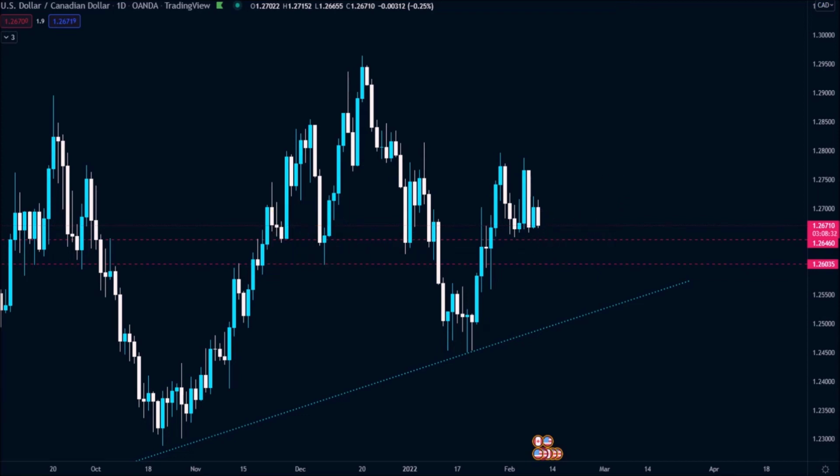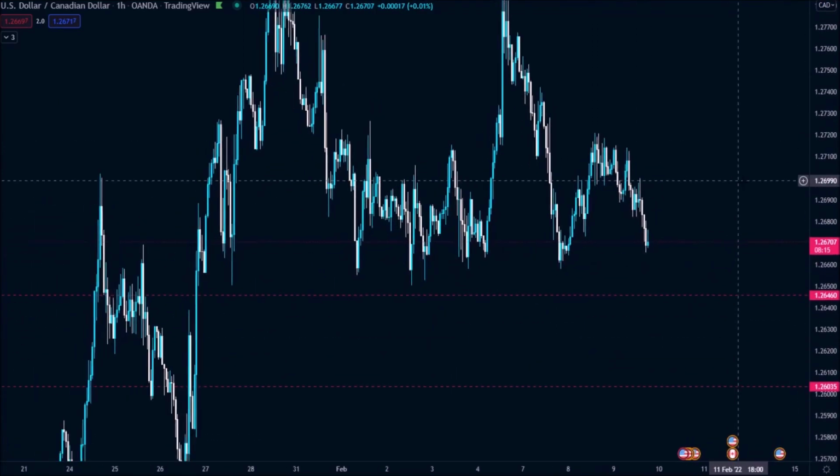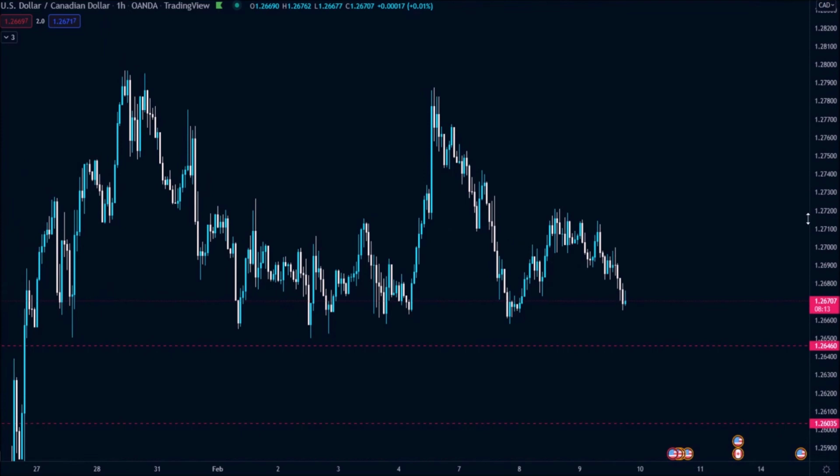I'll show you what I mean by that on the hourly time frame. Here on the hourly you can see we have quite equal lows down here. If we can raid those, get back above.